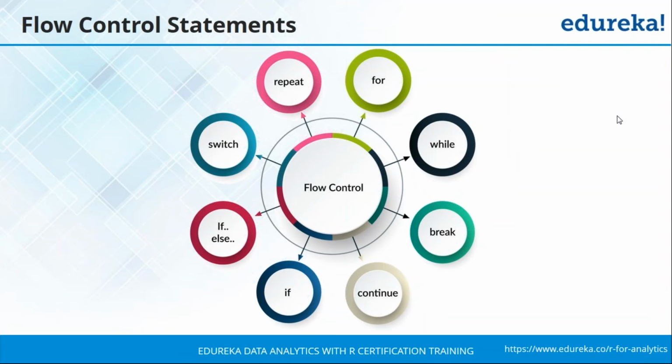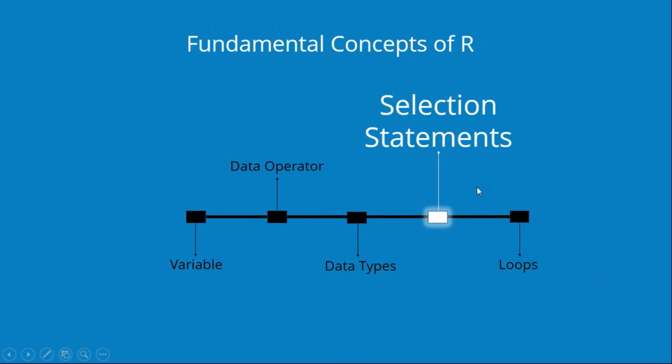In today's session, we'll mainly be discussing 8 different flow control statements: if else, switch, repeat, for, while, break and continue. If else and switch are your selector statements, whereas repeat, for, and while are your loop statements. Break and continue are jump statements because they help you jump from the sequence of the operations. We'll start off by talking about the selector statements.